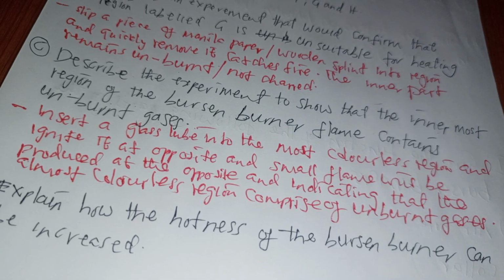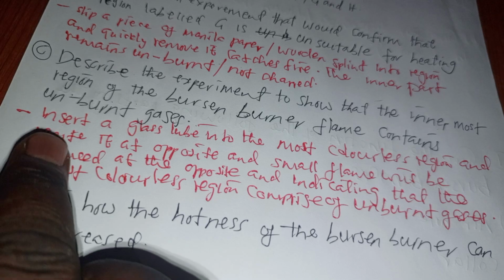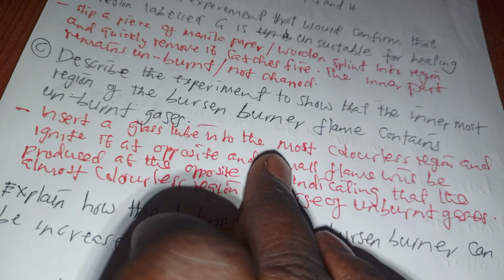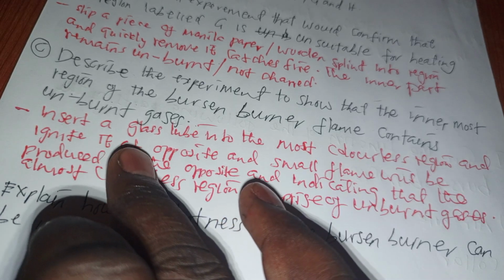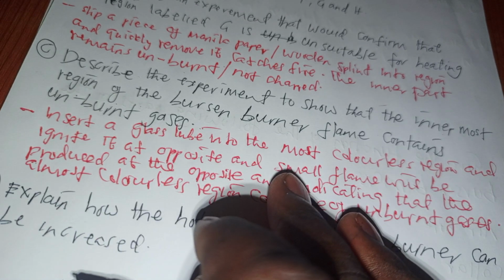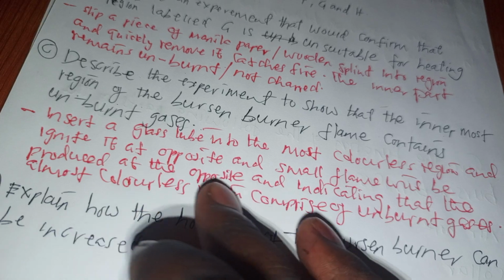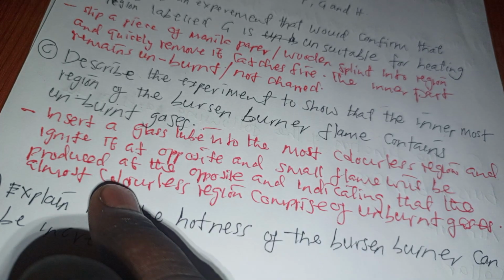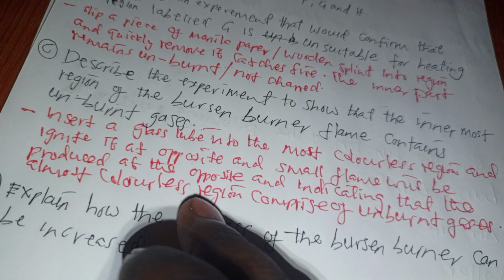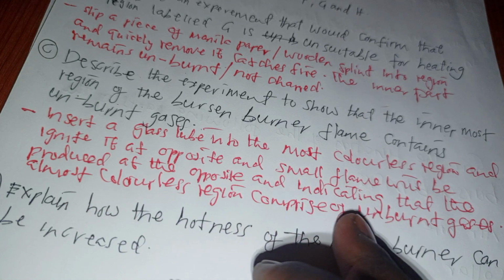Yeah, so this is the explanation, in fact. So you insert a glass tube into the innermost region and ignite it at the opposite end, and a small flame will be produced, indicating that the almost colorless region comprises unburnt gases.